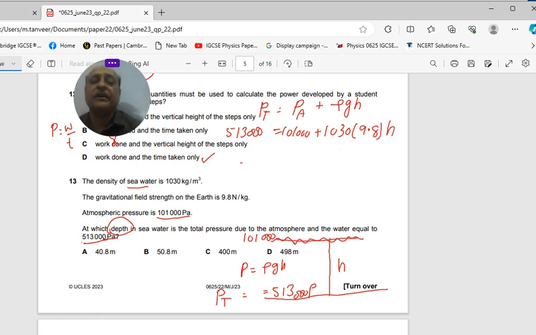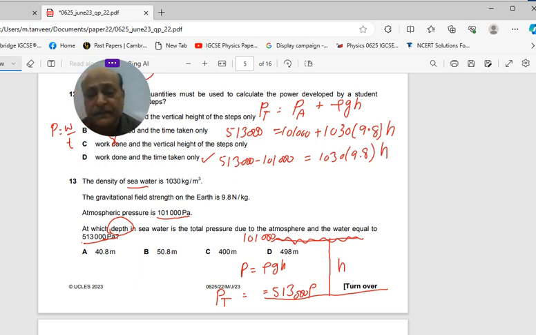First of all, we will move 101,000 to the left side, so it becomes negative: 513,000 minus 101,000 equals 1030 times 9.8 times h.